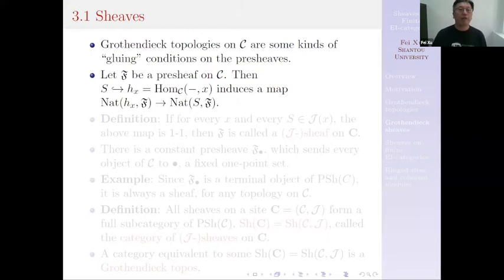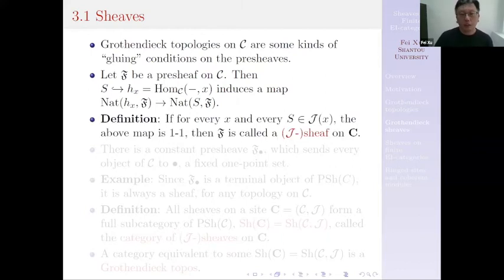Now, if all the natural maps are one-to-one, an isomorphism, then we call such a presheaf a sheaf, or a J-sheaf on the site C. So you can see that the Grothendieck topology or the sieves pose some conditions on the presheaves. Only those presheaves which satisfy this particular condition will be taken out as our starting objects.